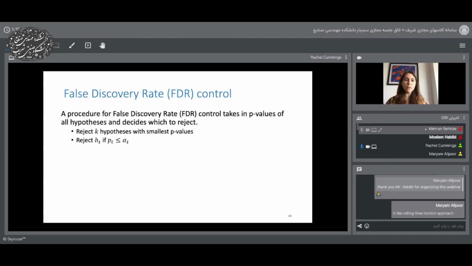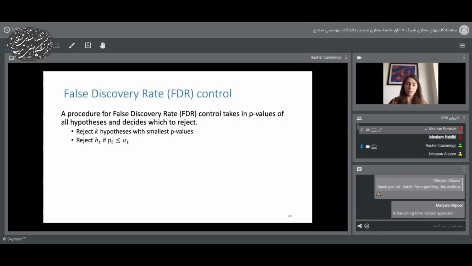And a procedure for doing FDR control takes in a stream of p-values for all hypotheses, and then decides which ones I want to reject the null. And if you're doing this offline, maybe you want to collect all the p-values and then reject the k hypotheses with the smallest p-value.